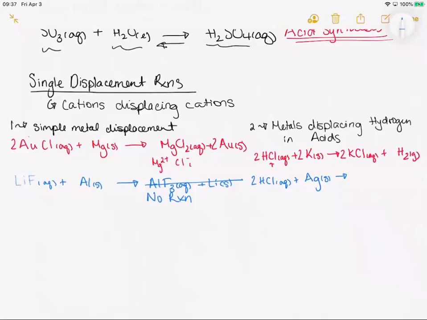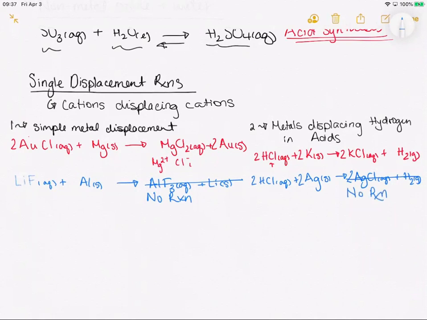We predict silver chloride should be produced, as well as hydrogen gas. But guess what? It does not react. You don't really have to balance it out if it doesn't react, and underneath I say no reaction.